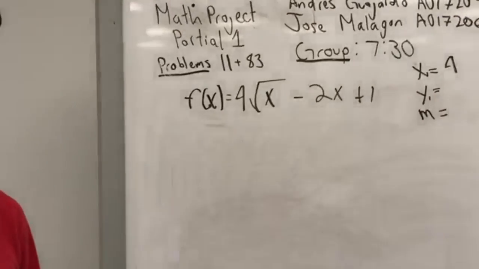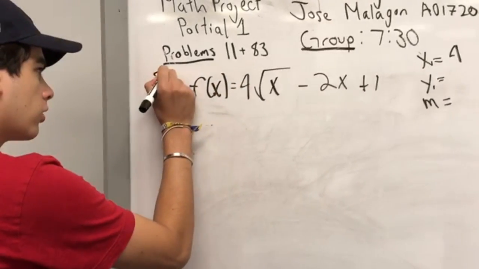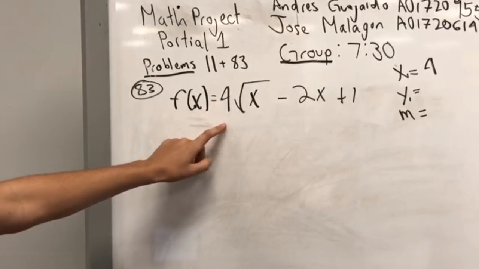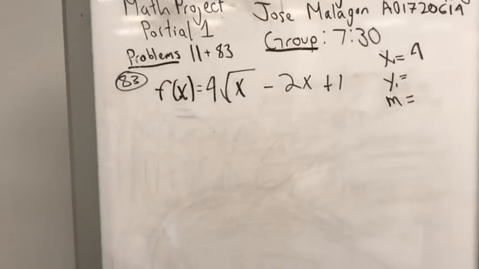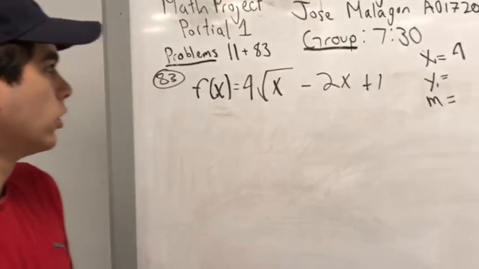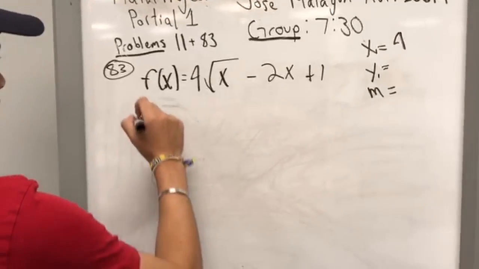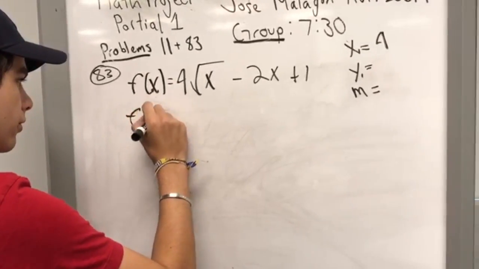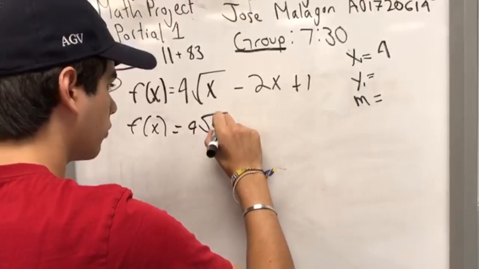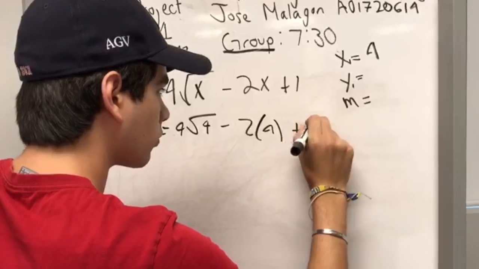So the other question that Mr. gave us was number 83. As you can see, we need to find f(x) equals 4 square root of x minus 2x plus 1. We need to find it by using the tangent line. So first, we will need to plug in the 4 for x. So it will be 4 square root of 4 minus 2 times 4 plus 1.